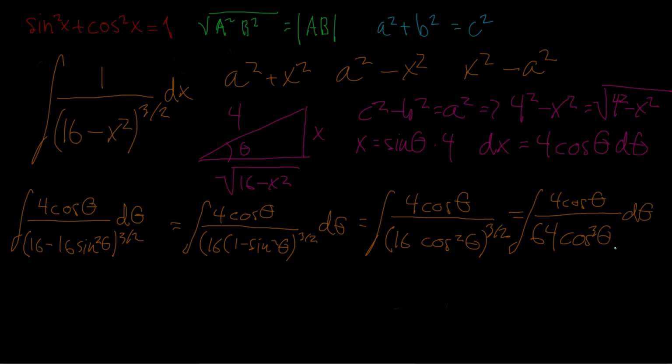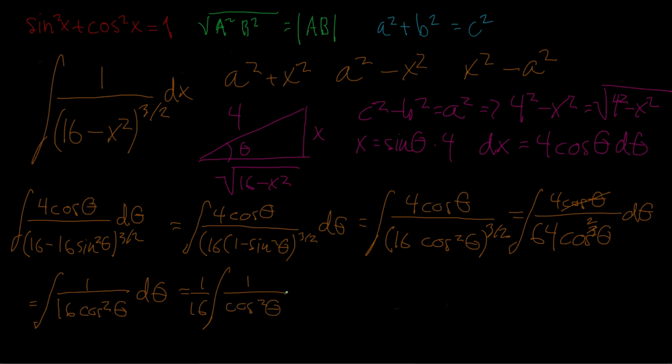And we're almost there. All we have to do is simplify our expression. And so we're going to say that one of these cosines cancels out with one of these 3 cosines, so we're going to get cosine squared theta. And 4 over 64 is just 1 over 16. So we're going to rewrite this integral down here as the integral of, that can also be rewritten as 1/16 the integral of 1 over cosine squared theta d theta.